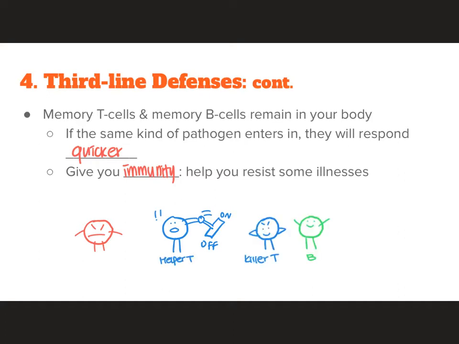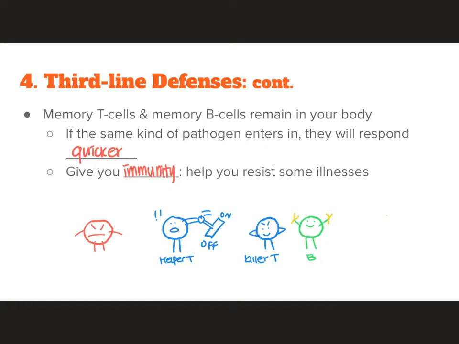After they're activated, killer T and B cells are going to have different roles. Killer Ts are going to go around and search for a certain mark, and B cells are going to go around and actually produce antibodies, kind of like stickers, to put on different pathogens.